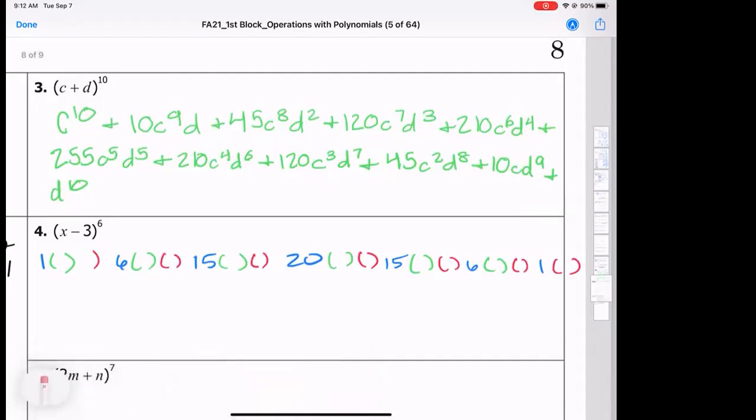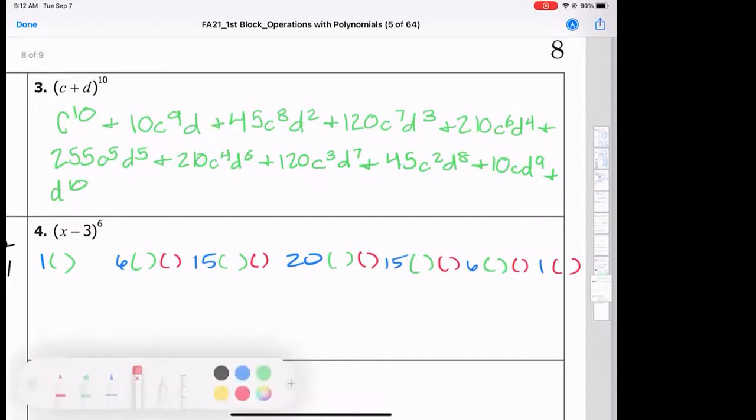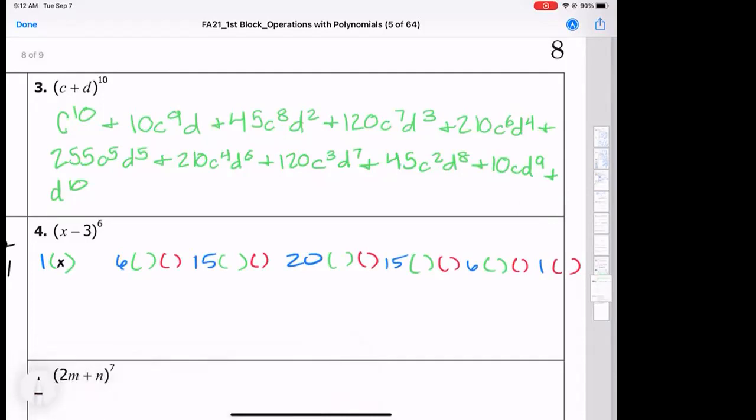All right, so now let's fill in where we need to fill in. We have x to the 6th power.